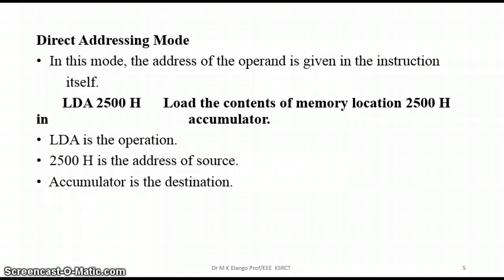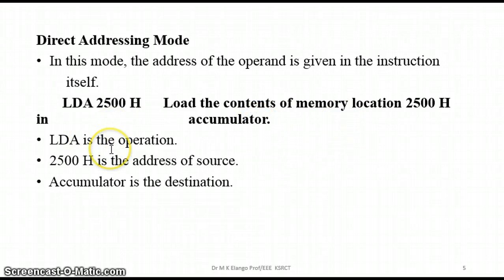The first one, direct addressing mode. In this direct addressing mode, the address of the operand is specified in the instruction. So while fetching and executing the instruction, the microprocessor knows where the data is available for its operation. Example: LDA 2500H, load the contents of memory location 2500H into the accumulator.